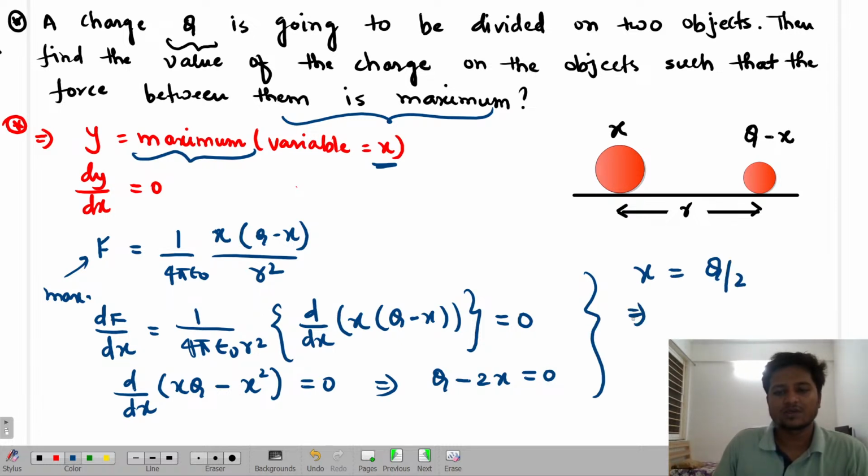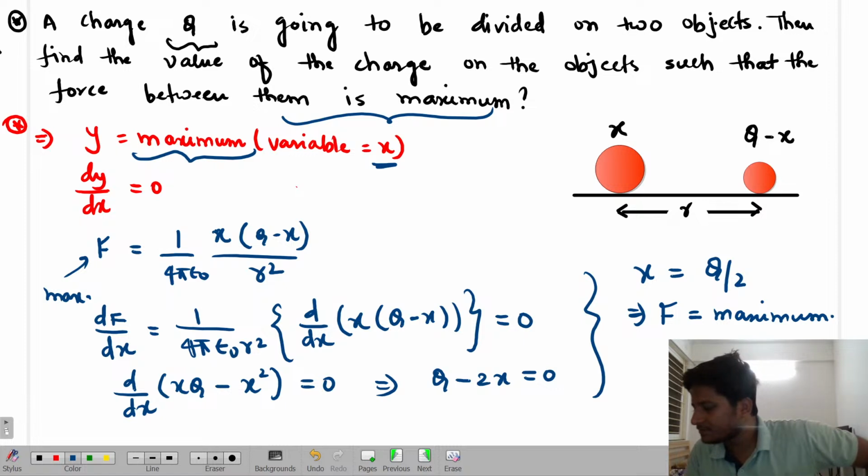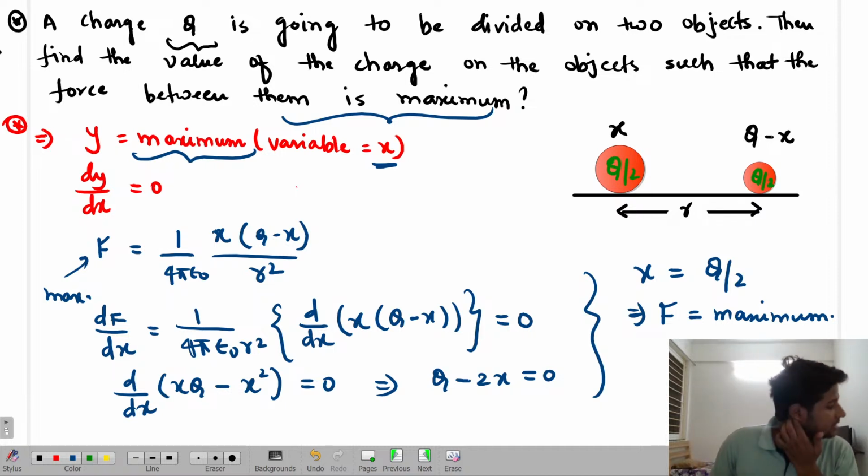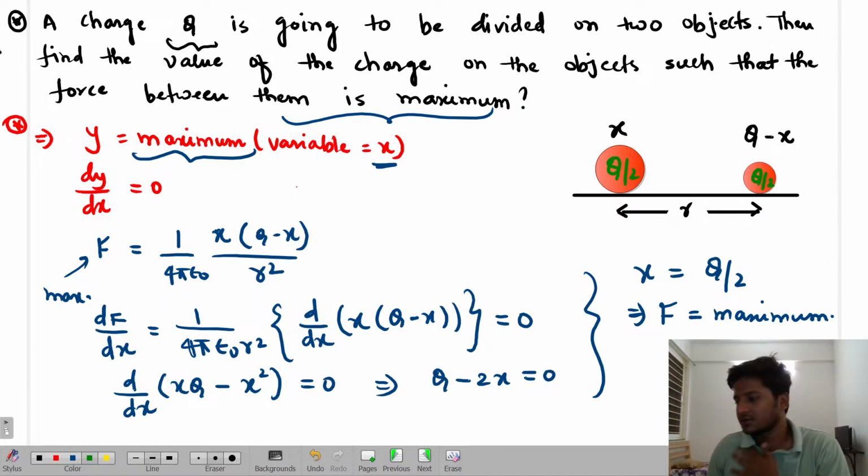If x is equal to q by 2, then my force is going to be my maximum value. So on both of the spheres, the charges should be q by 2 and q by 2. Wherever I place them, the force is always going to be maximum. Are you able to get me or not?